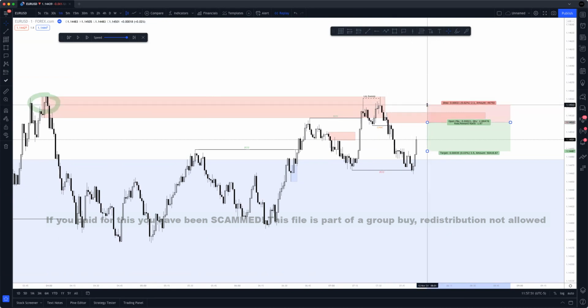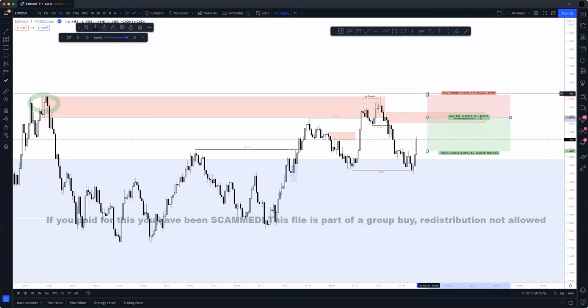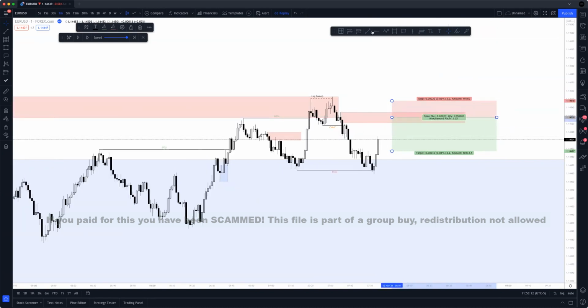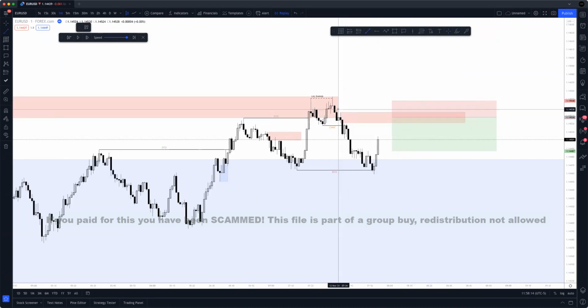Let me see what this would be around the 50%. If I took the 50%, something like this. Maybe give myself a 2 pip stop. I just want a little more wiggle room because technically we do have a small bit of liquidity resting like this.